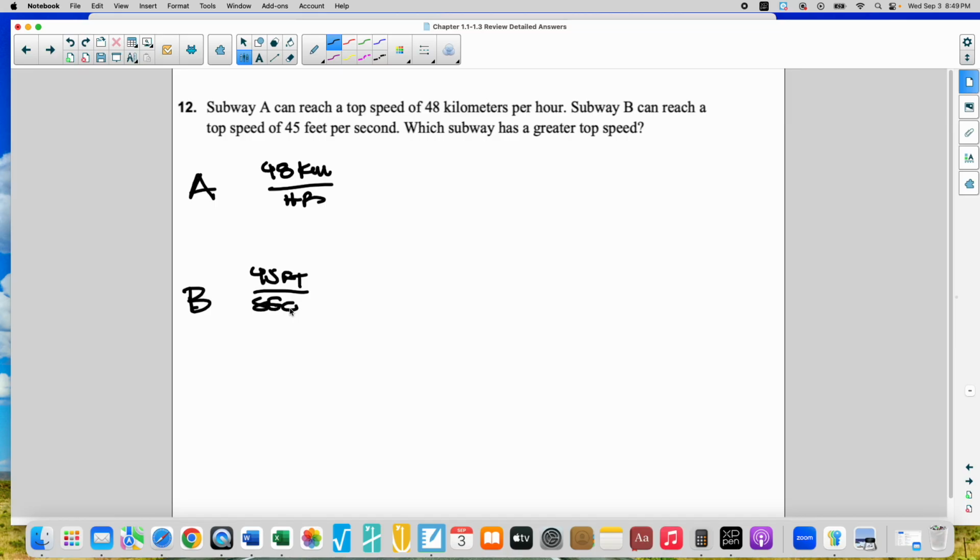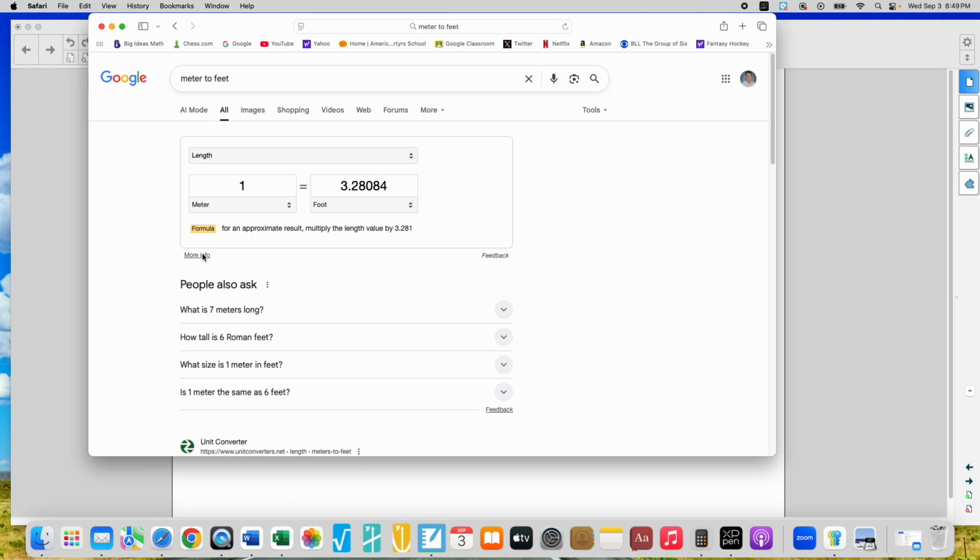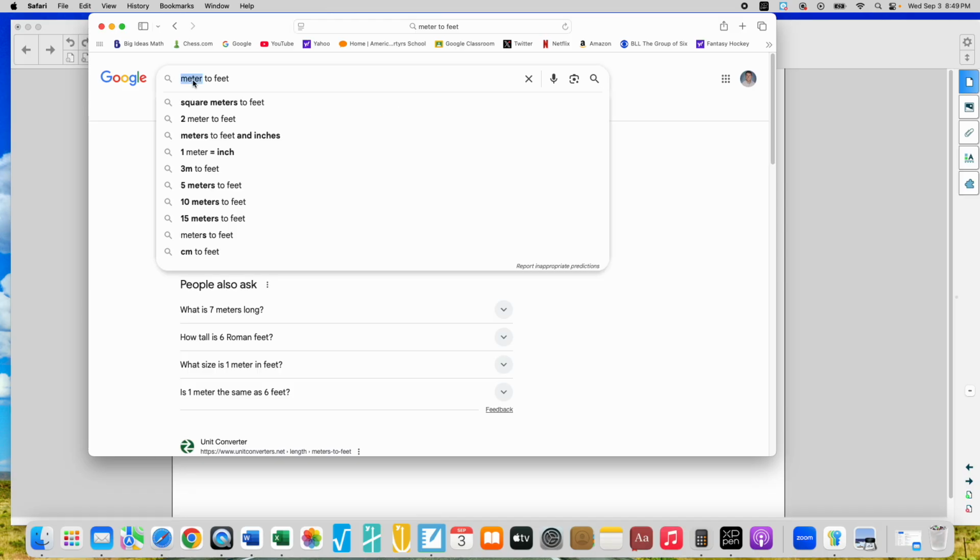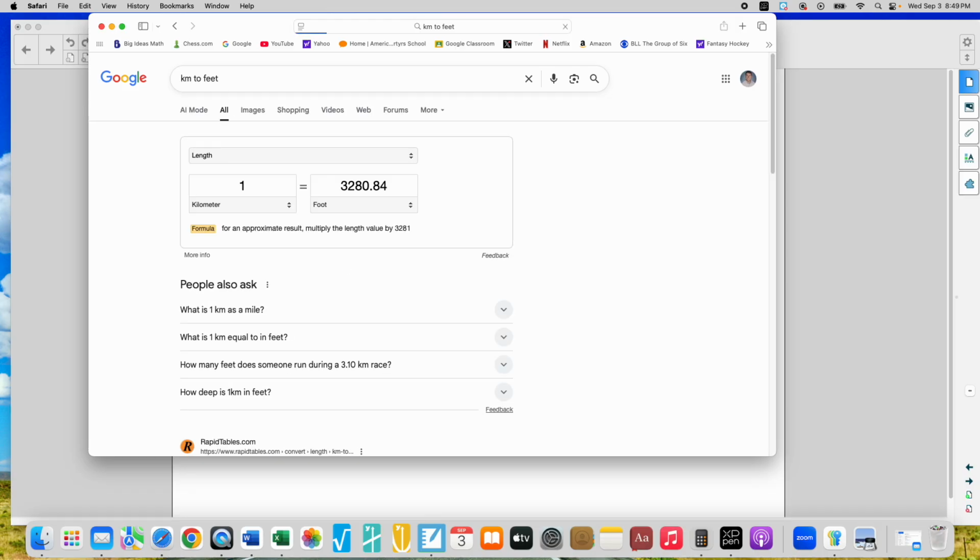So which one do we want to convert to? Let's convert this to feet per second. So first conversion, kilometers to feet. Let's see, kilometers and feet. I don't remember what that was. Let's do kilometers to feet.